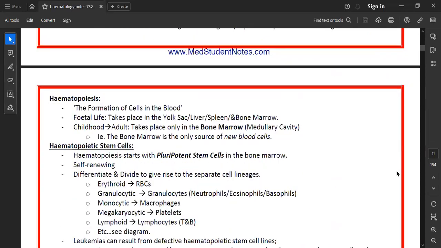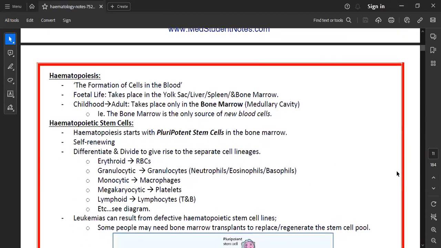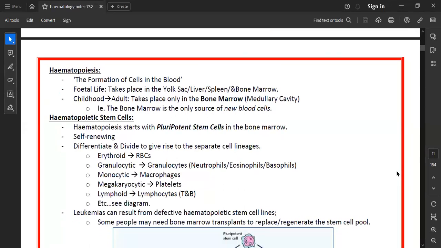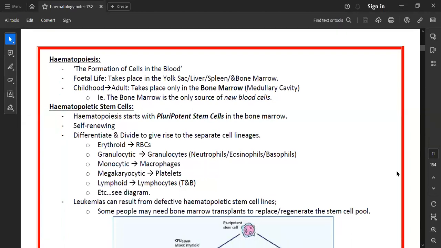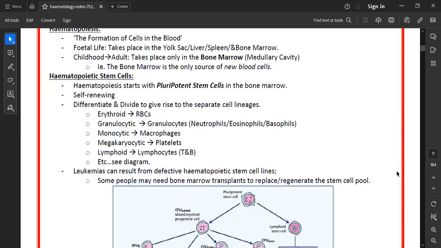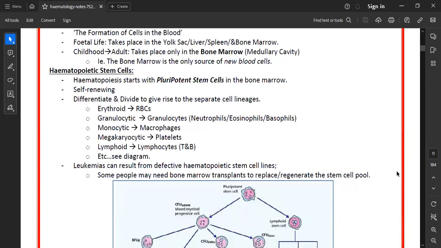Okay, so hemopoiesis or hematopoiesis is the formation of cells in the blood. We've discussed where the sites of formation are for different types of cells. So hemopoiesis starts with what is called the pluripotent stem cell. The pluripotent stem cell can take one of 2 channels, where it can either go the myeloid way or the lymphoid way.